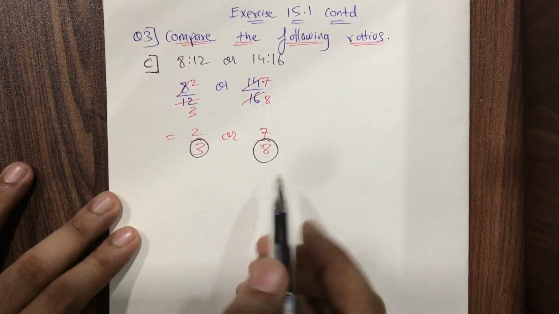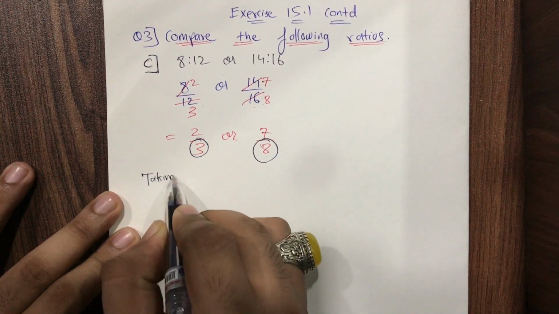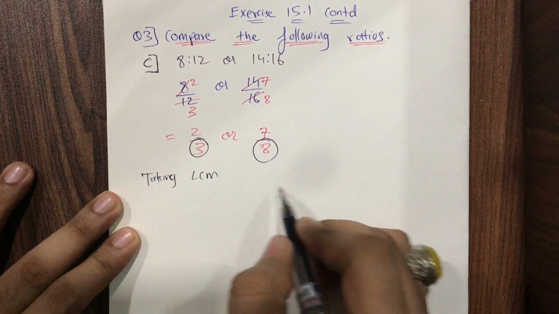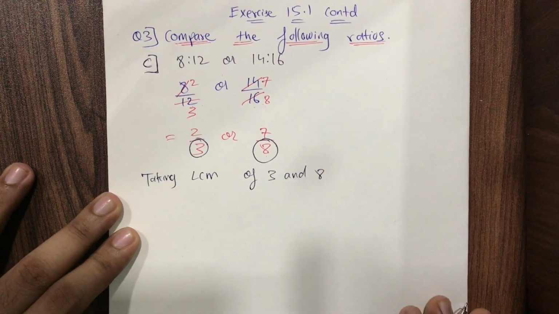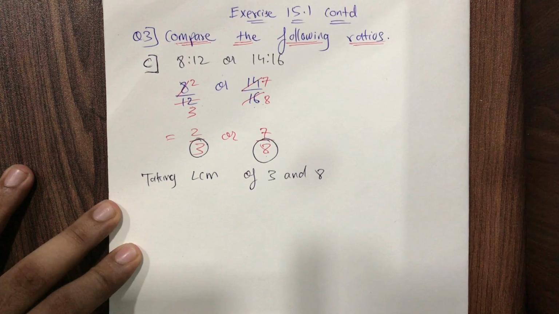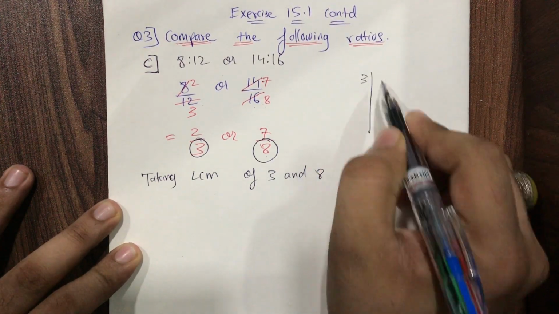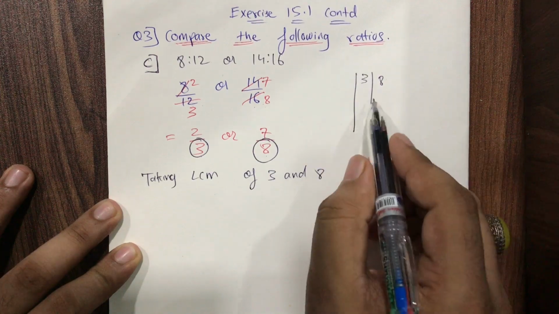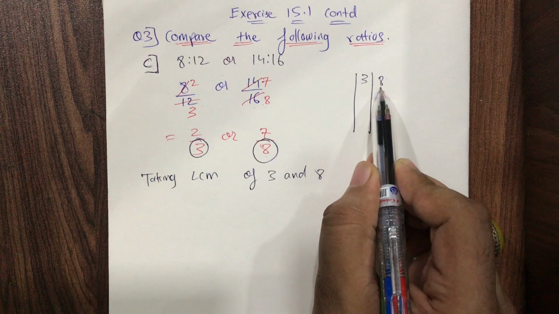So now I'll take the LCM of 3 and 8. How to take the LCM of 3 and 8? Plenty of times I have shown you all. Once again, I'm showing over here 3 and 8. As I can see, there is nothing common. There is no table which goes in both 3 and 8.